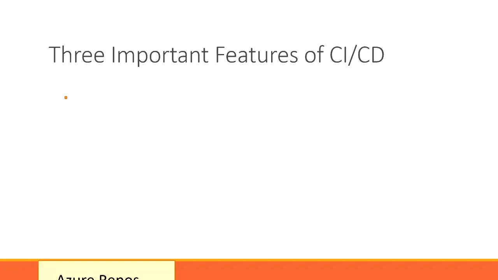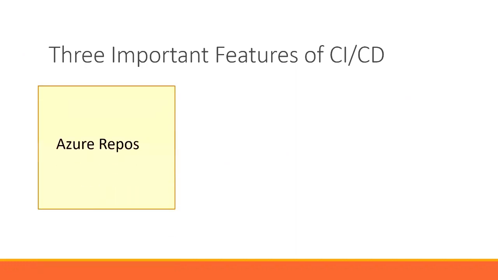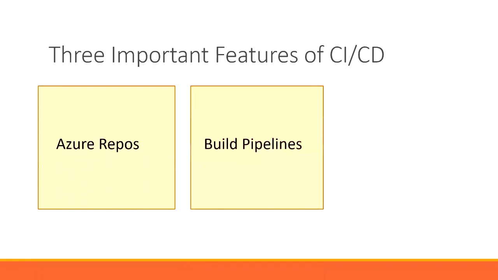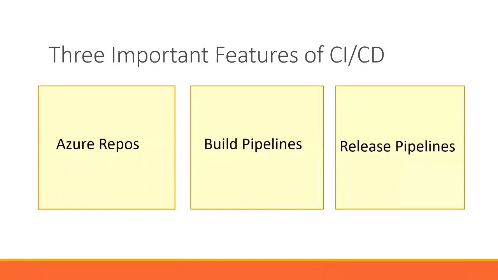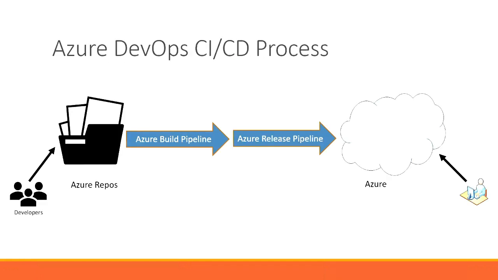Three important features for CI/CD are Azure Repos, Build Pipeline, and Release Pipeline. And if you see the Azure DevOps CI/CD process, this is the way it works. A developer makes changes to the project code. The code is inside Azure Repos, which is a source control, and then we create an Azure Build Pipeline, which packages the code or tests it, compiles it, and then the final artifact is prepared.